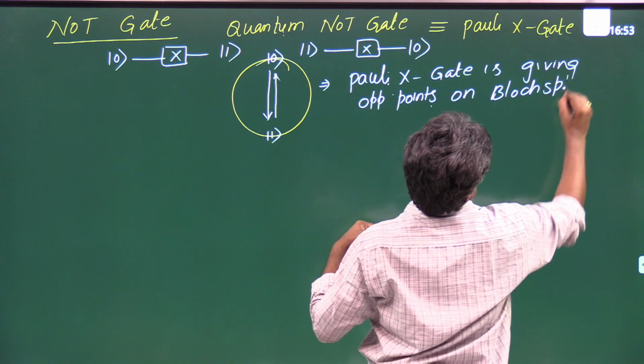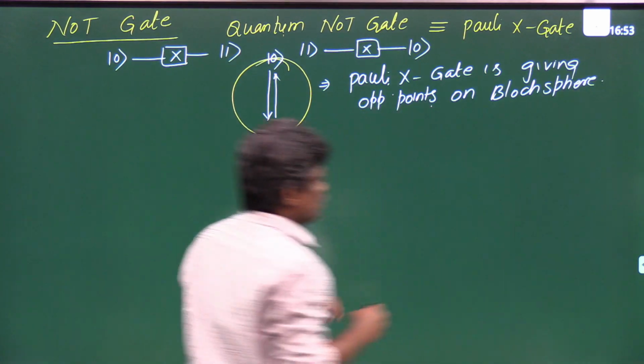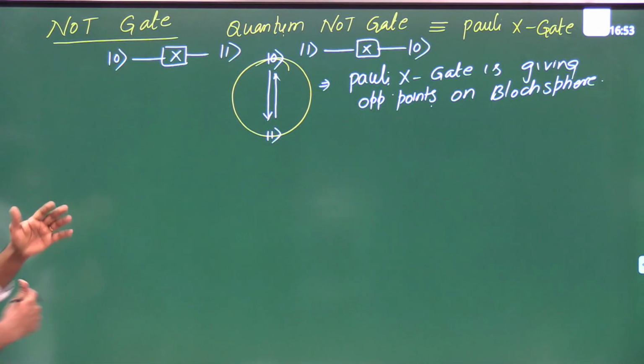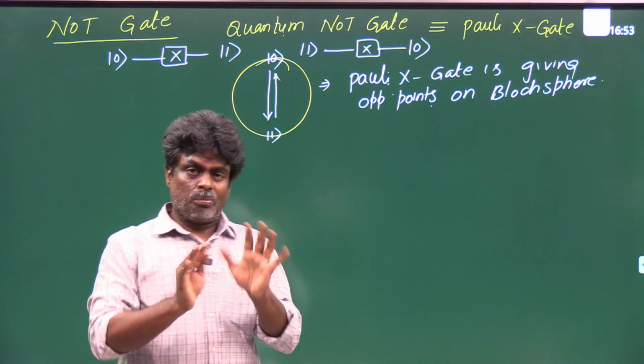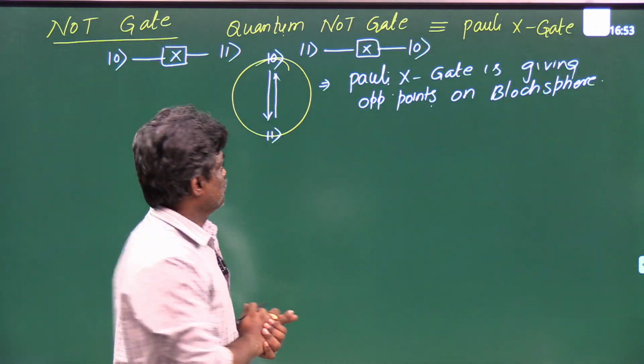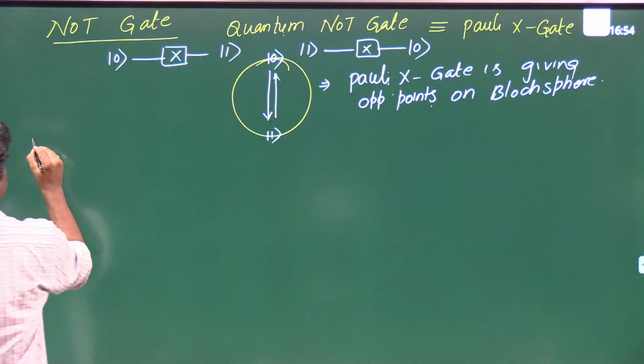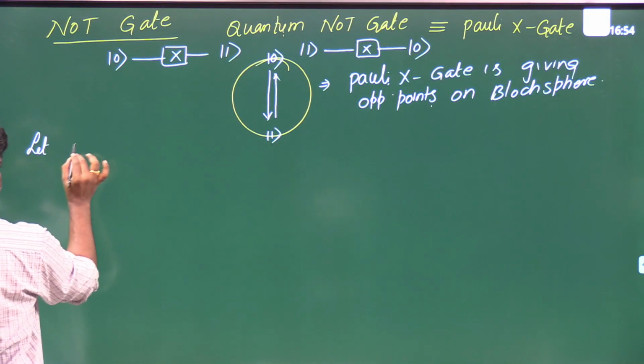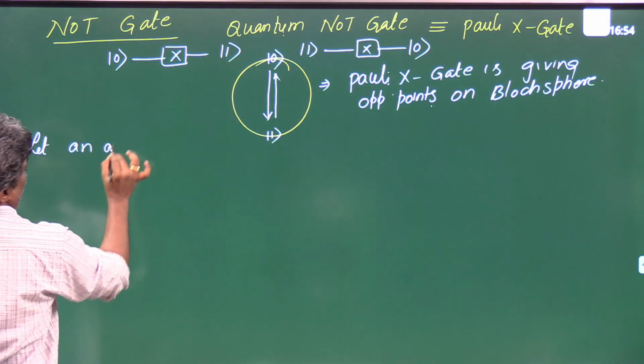Very good. It's a really good point. So we are getting opposite points on the Bloch sphere. That's good. Now let us consider an arbitrary state.